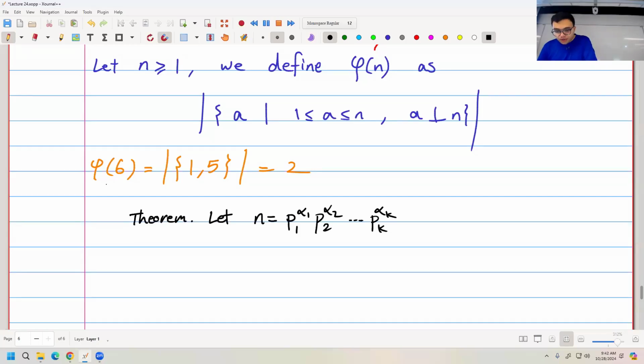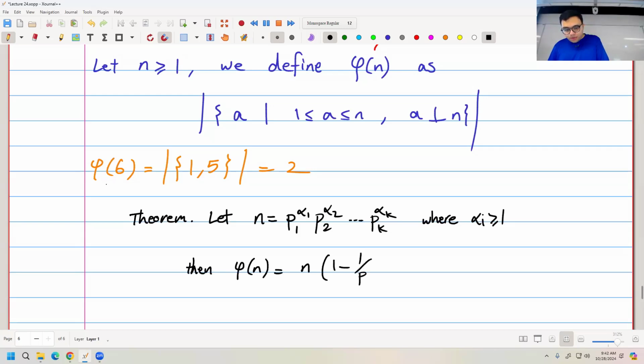Where the alpha i's are at least 1. I claim that phi of n is n times 1 minus 1 over p1 times 1 minus 1 over p2, so on to 1 minus 1 over pk.